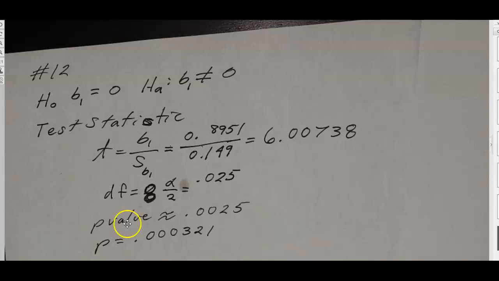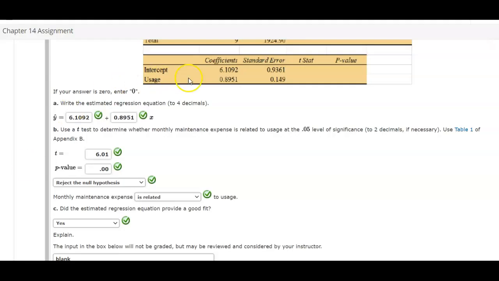This p-value is even smaller than I estimated. So filling in the coefficients from the output for the y-intercept and the coefficient on the usage variable x, we round our test statistic to 2 decimal places. And if we round our p-value to 2 decimal places, we simply get 0.